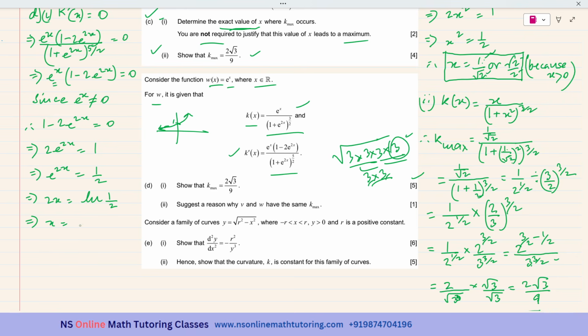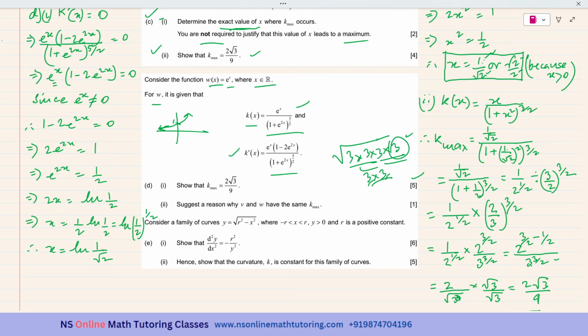So x is equal to half ln of half, which can be written as ln of half raised to the power of half. So x equals ln of 1 raised to the power of half is 1, and 2 raised to the power of half is root 2. So 1 over root 2.